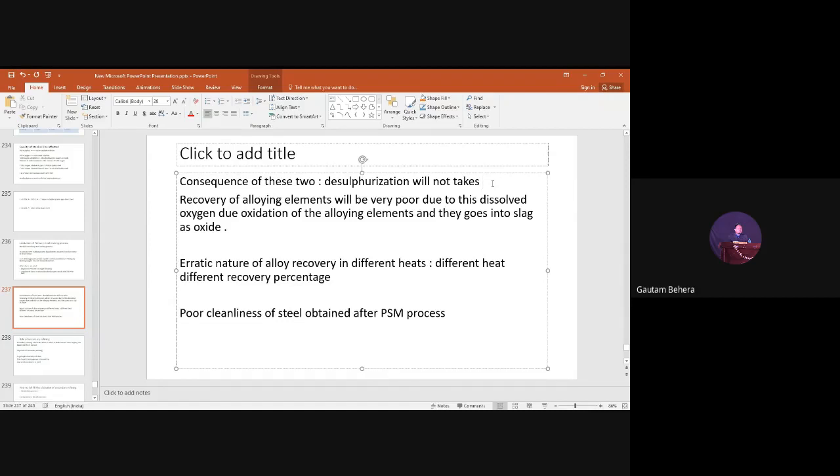So can you people tell me what is the meaning of oxidizing slag and what is the meaning of reducing slag? Or what decides whether the slag will be reducing or oxidizing?